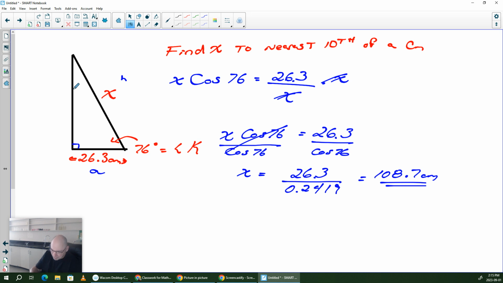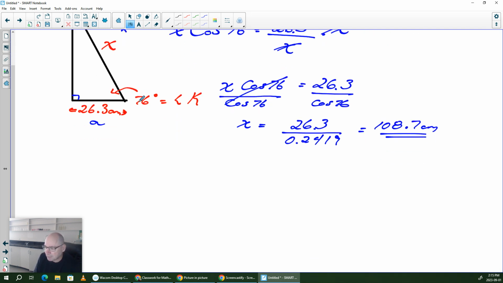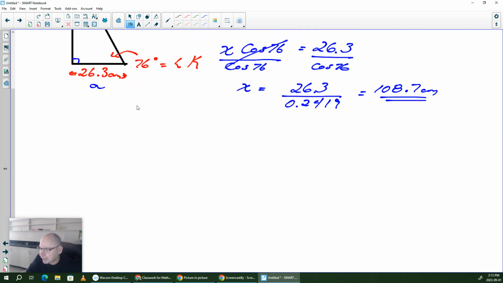Okay, so I'm going to do another one here, let you try it, and then we'll do a word problem, and then I'll give you some practice. So let's do one more here. Let's say we have this triangle here, like a ramp.